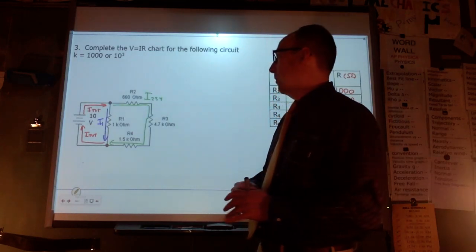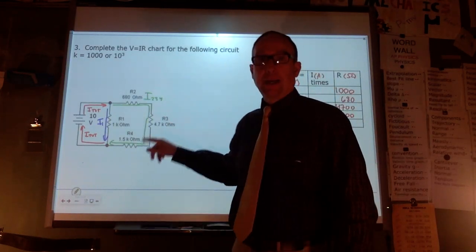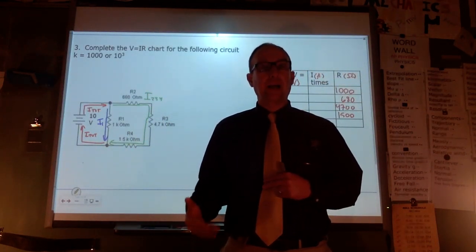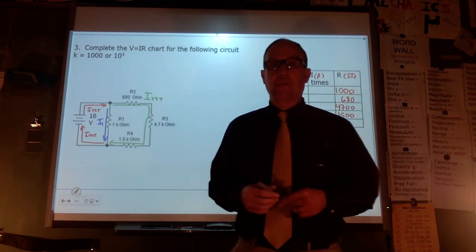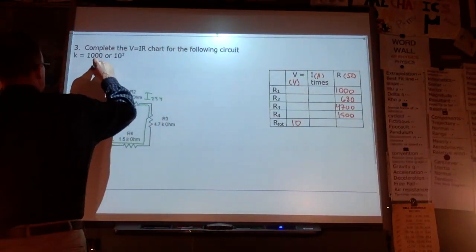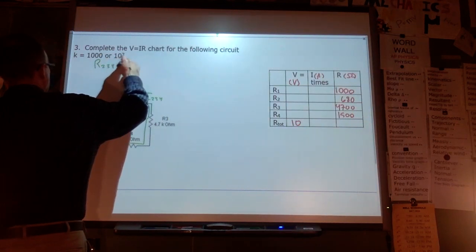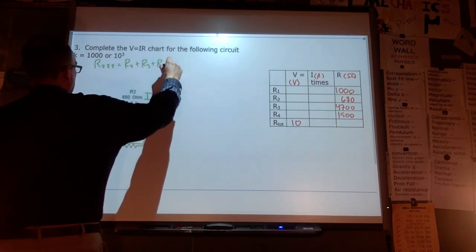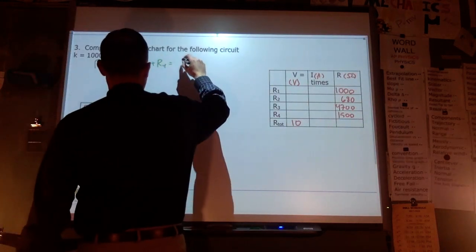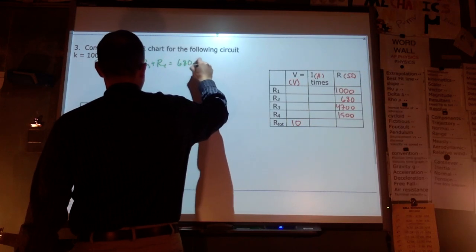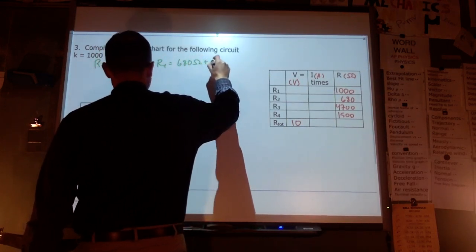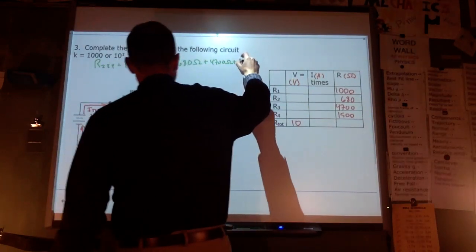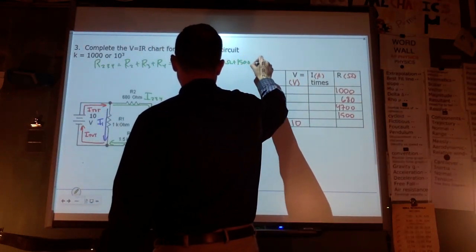And I would call the combination resistor that could take the place of what R2, R3, and R4 can do in a circuit R2,3,4. That's going to be R2 plus R3 plus R4. So this is going to be 680 plus 4,700 plus 1,500.